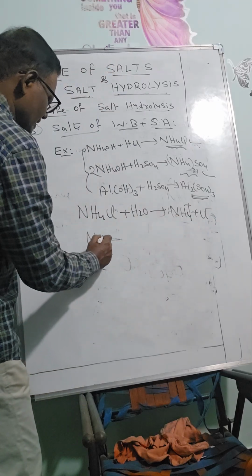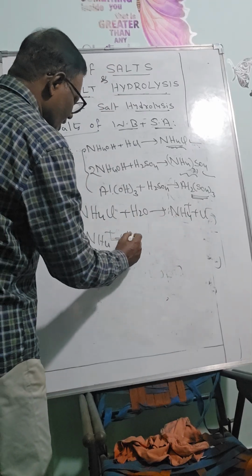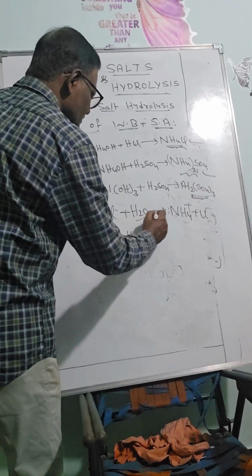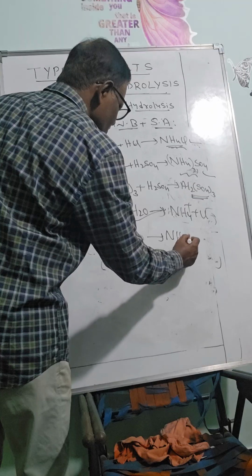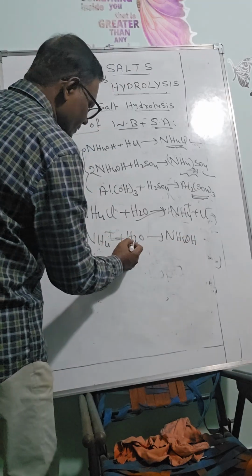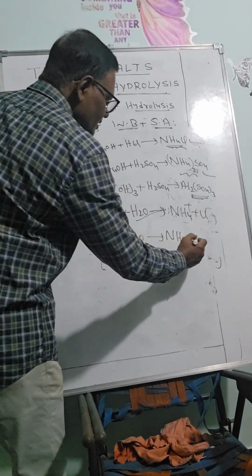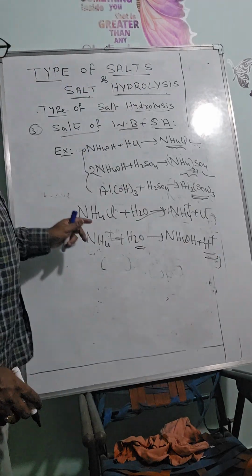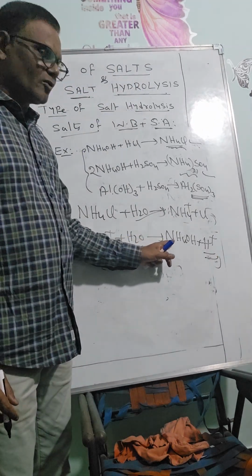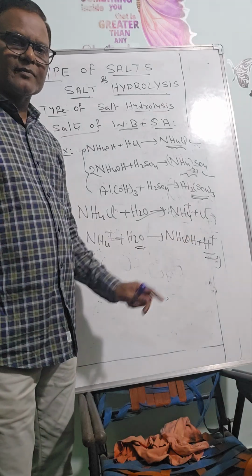This NH4+ ion reacts with water. Then what do we get? Formation of NH4OH, as NH4+ combines with OH- ions, producing H+ ions. Observe, children: formation of NH4OH and H+ ion.